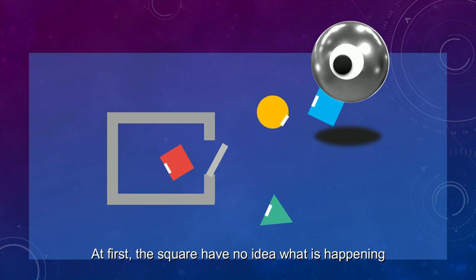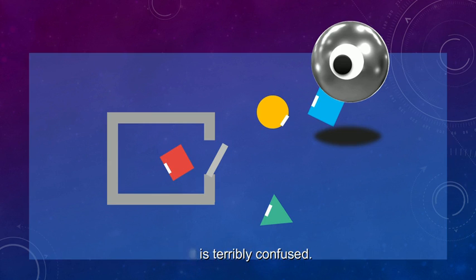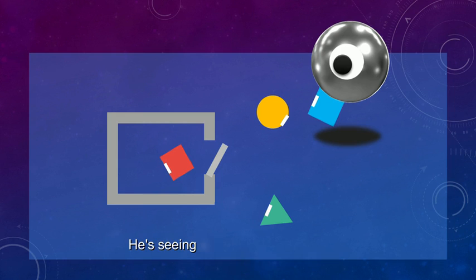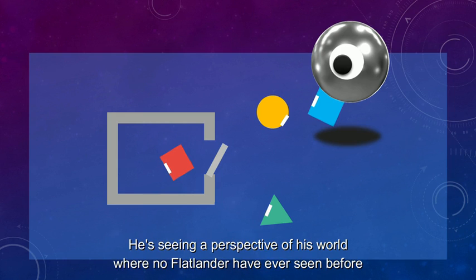At first, the square has no idea what is happening, and it is terribly confused. But after a while, he realized that he's seeing inside closed rooms. He's looking inside his fellow friends. He's seeing a perspective of his wall where no Flatlander has ever seen before.